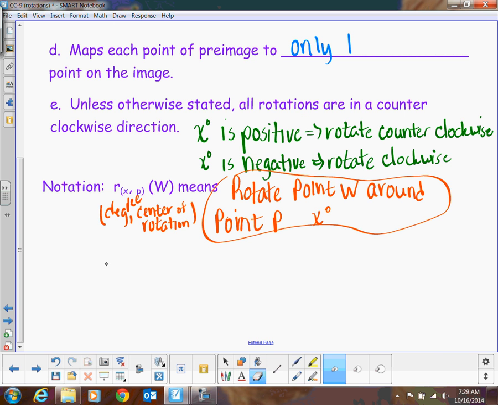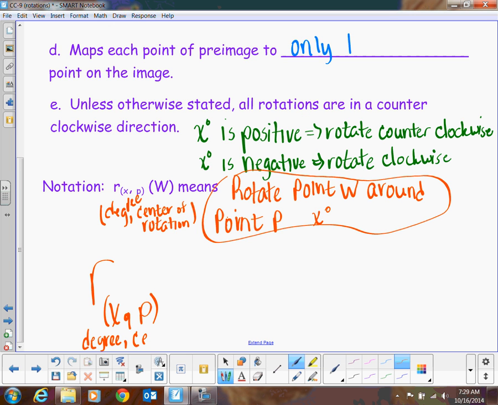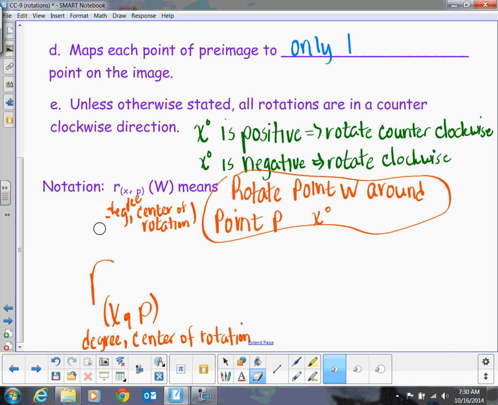I'll make this bigger so you can see it. When you have R, x, comma, P, that's a comma. X is your degree, and P is the center of rotation. I was just trying to decipher this. You with me? But it was so tiny up there, it doesn't look very good. So I'll move it.